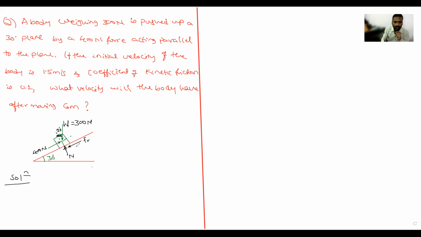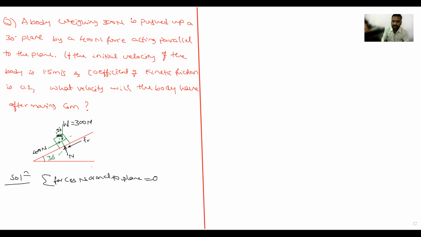How to find the value of N? In order to find the frictional force, you should know the value of N. So the summation of forces normal to the plane is equal to 0.